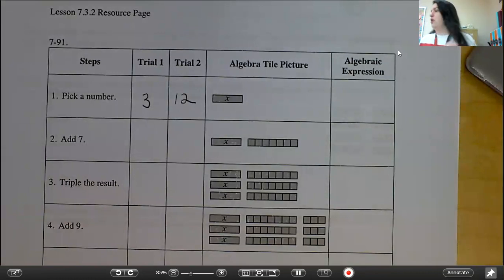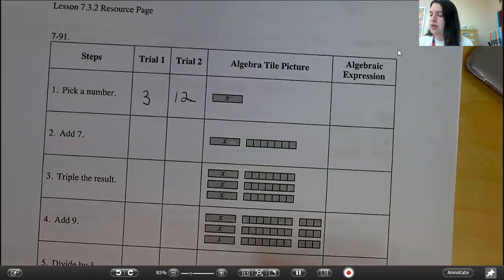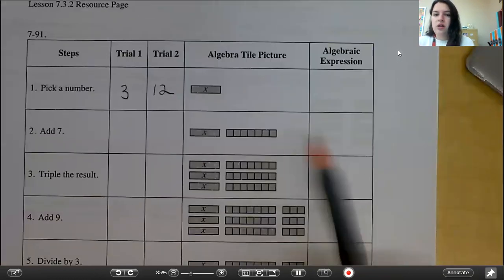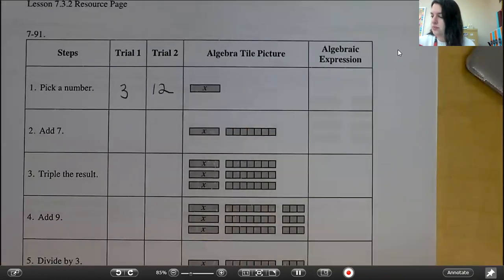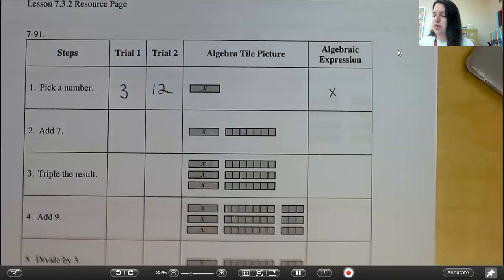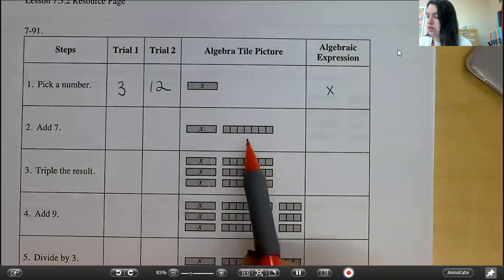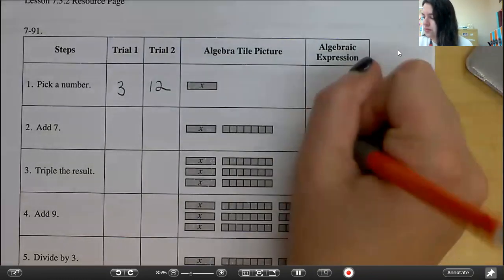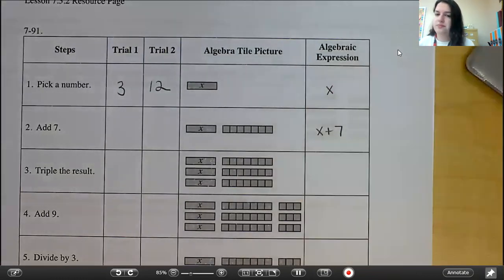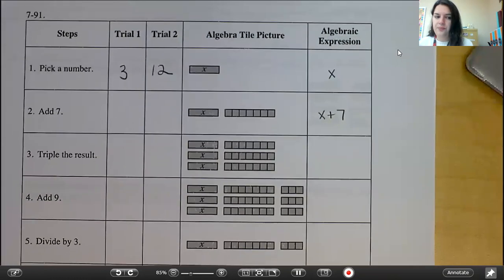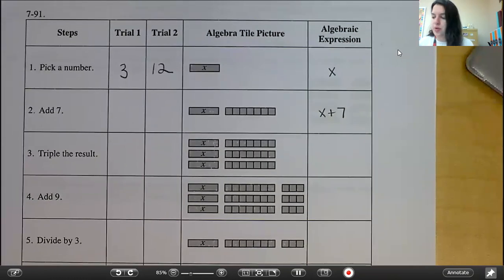Okay, if you're back with me, you've tried your trials. So let's look at the algebraic expressions. We have x. So x is our algebraic expression. Here we have our x plus 7 tiles. Now, for step 3 is where we triple the result.